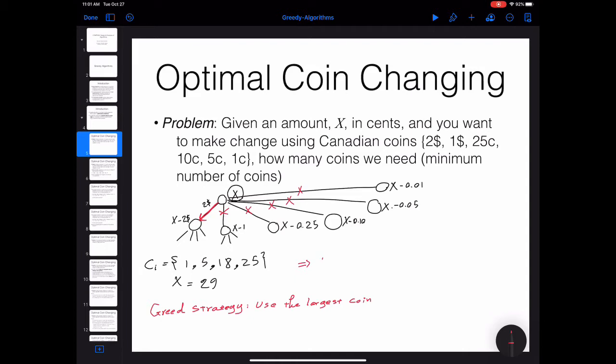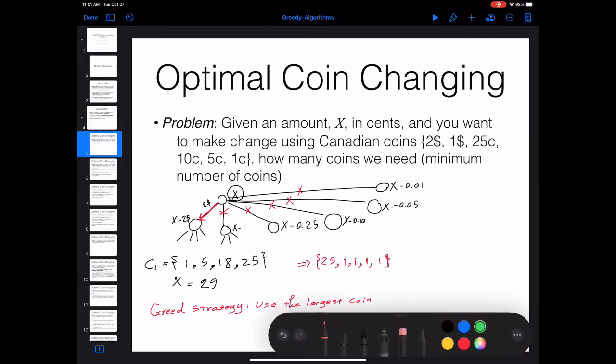So you would use 25, and then you would use 4 ones. You can see that the amount that will remain is 4, which is smaller than 5. So you have to change it using pennies. So this is the answer that the greedy strategy is giving me.